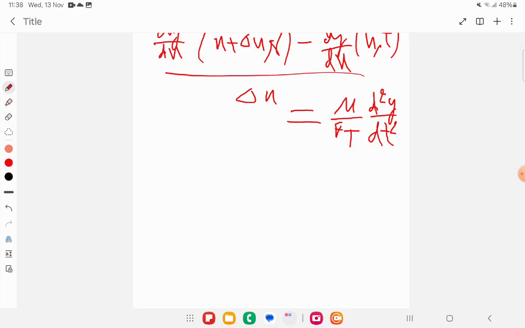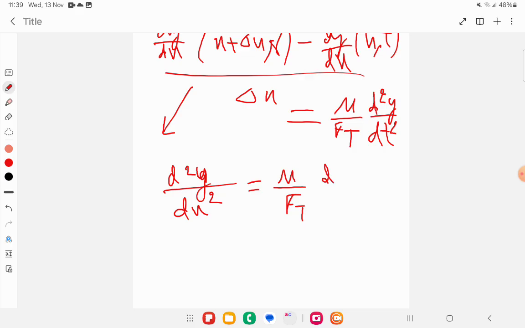This gives d2y by dx square is equal to mu by Ft d2y by dt square.